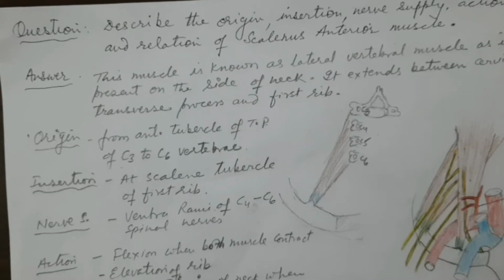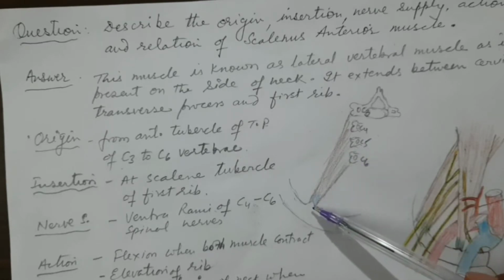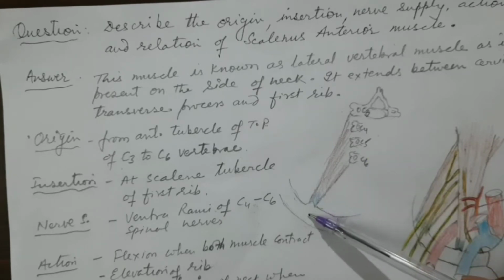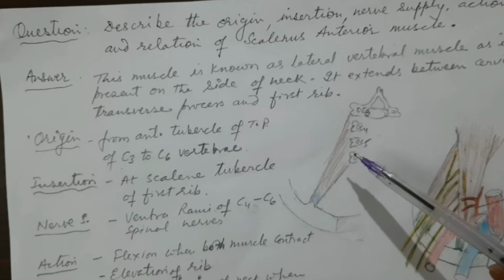Now you can easily deduce the action of this muscle, as it is coming from the lateral side of the spine and its fibers are running laterally and downward. What will happen here?